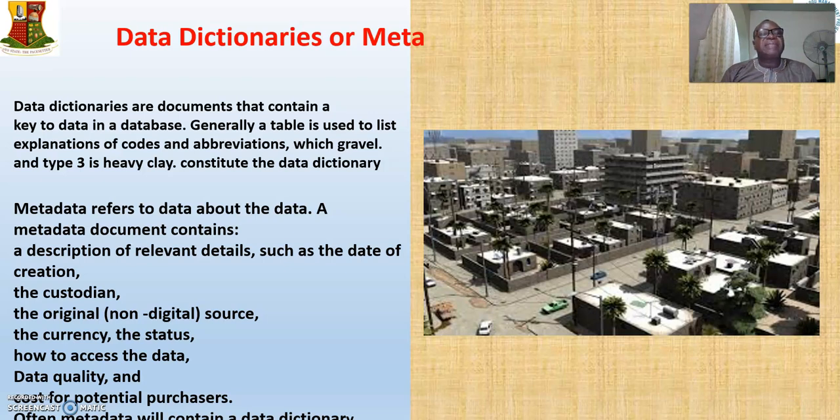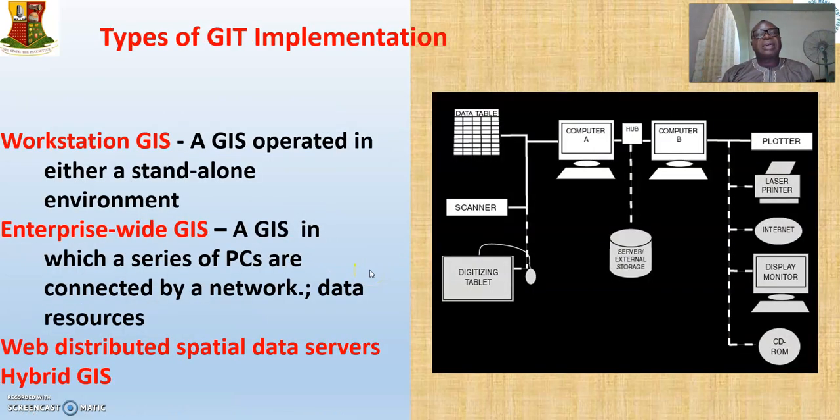So metadata refers to data about the data. It is a description of relevant details such as date of creation, custodian, the original source of the data, the currency of the data, status, how to access the data, data quality, and if there is a cost to whoever is going to have access to the data.